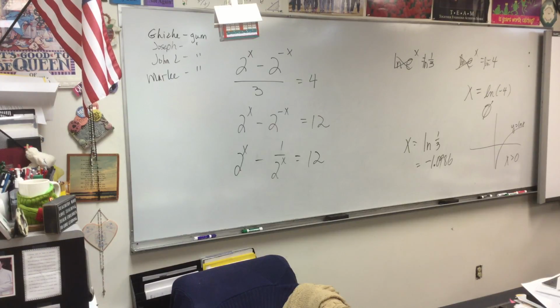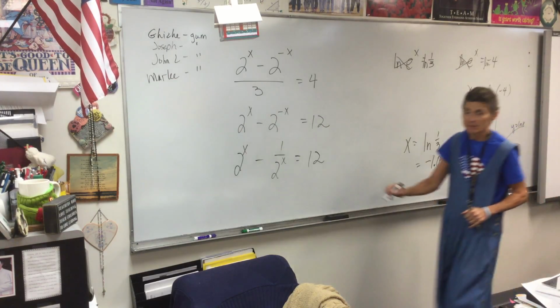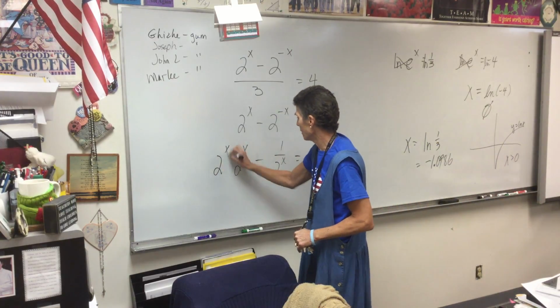Now, what do you think we might do? I think we will multiply everything by 2 to the x to get rid of the denominator.